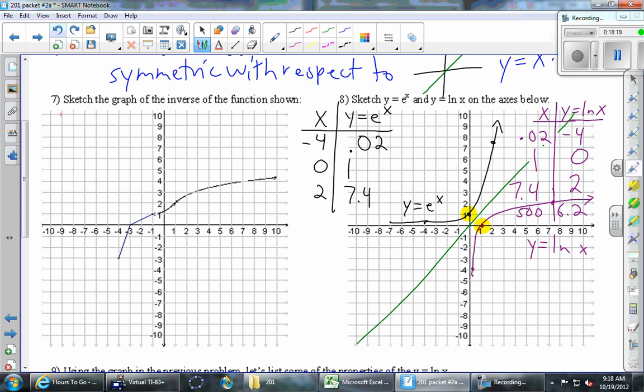If you were to find ln of e to the 100th power, that's the x that I'm putting into the ln. Anybody know what that's equal to? That's equal to 100. Now, e to the 100th power as an actual number is what kind of number? It's enormous, right? Probably more than the number of atoms in the universe. I'm just making that up, but it's huge.